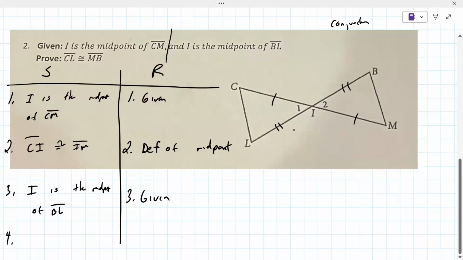So what are those segments? Like we did in two here. L to I is congruent to I to B. Good. Now we need a reason for that. Definition of midpoint.